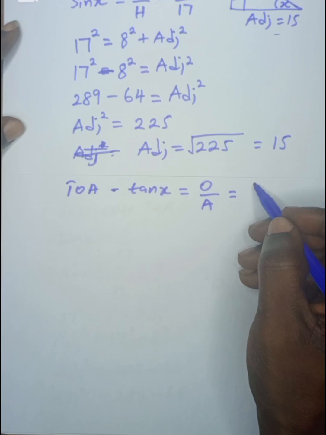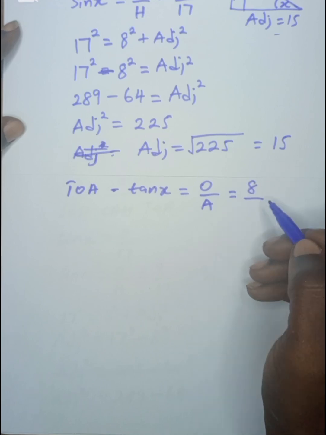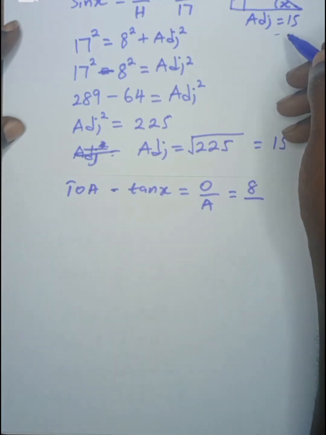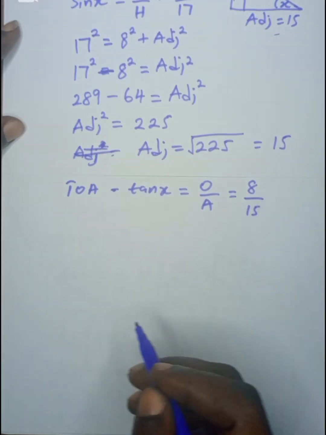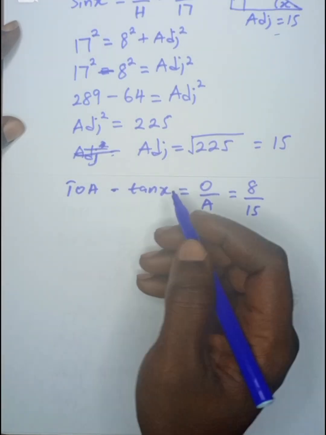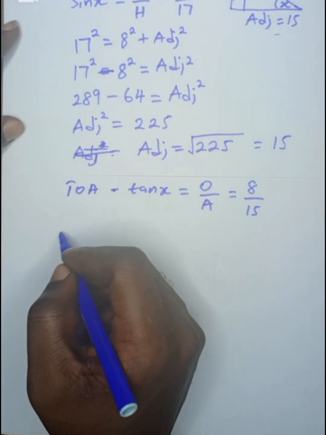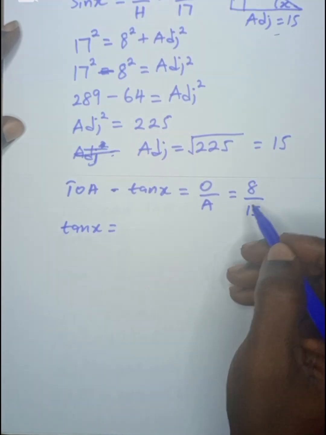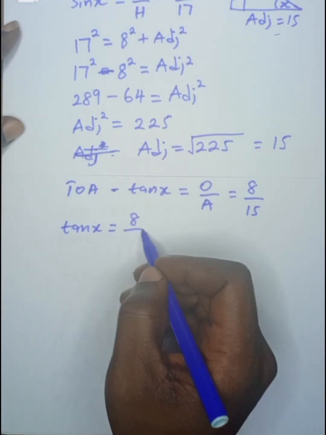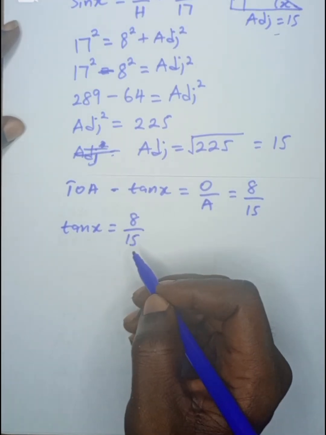The opposite is given as 8 all over the adjacent is 15. Okay, because we are finding what? Tan x. So now we can see that tan x is equal to 8 over 15.